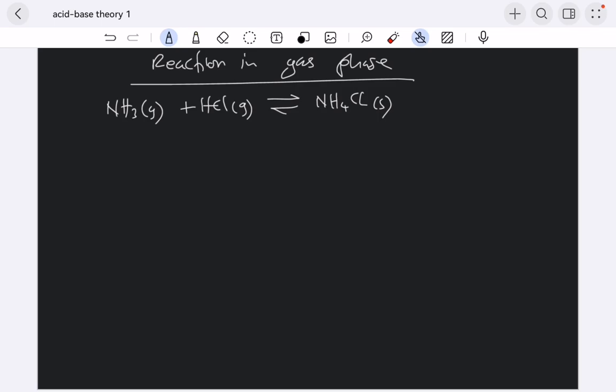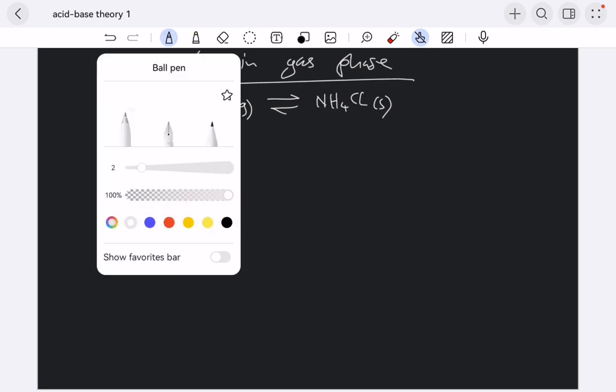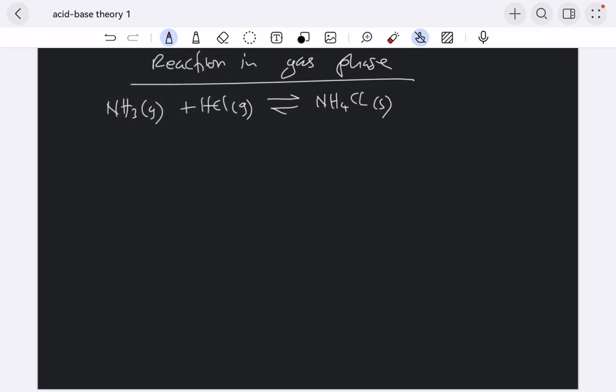When we look at this reaction, we have the hydrogen ion, but we do not have the hydroxide ion. So in this reaction, according to Arrhenius, this reaction is not acid base, because Arrhenius can only cover for hydroxide and hydrogen.